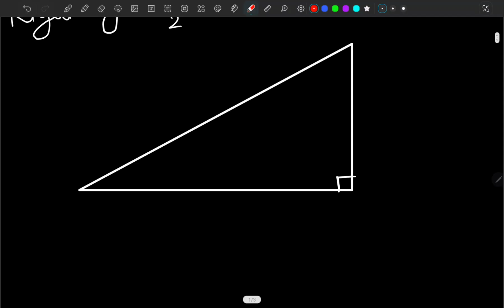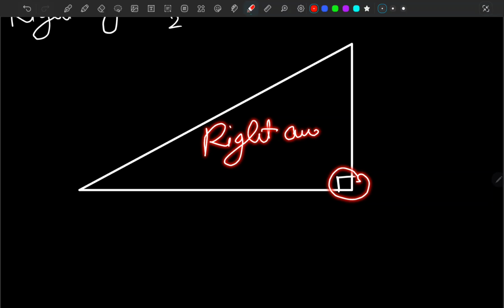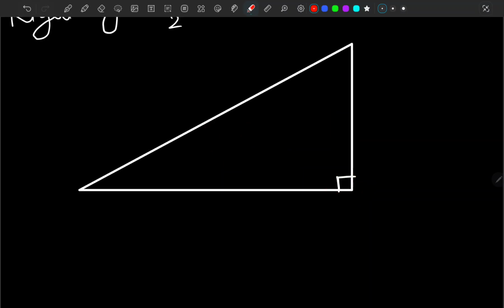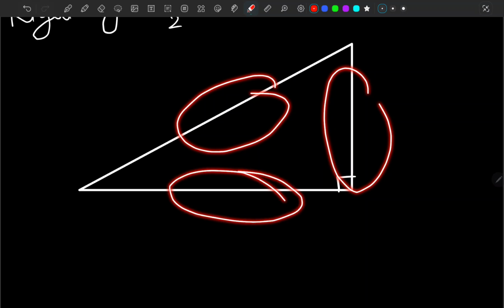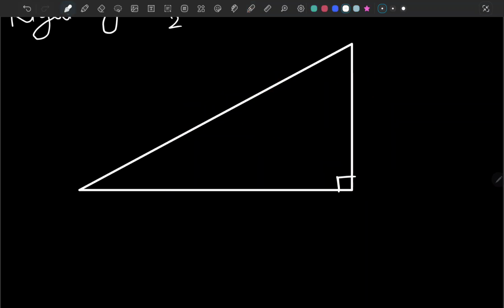And this is known as the right angle triangle because it consists of a right angle, that is 90 degrees. Basically trigonometry is all about six functions which deal with the ratios of these three sides, right?